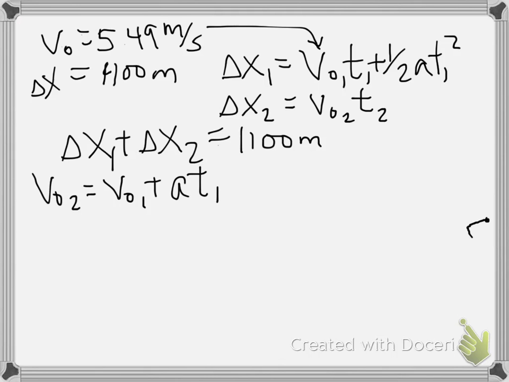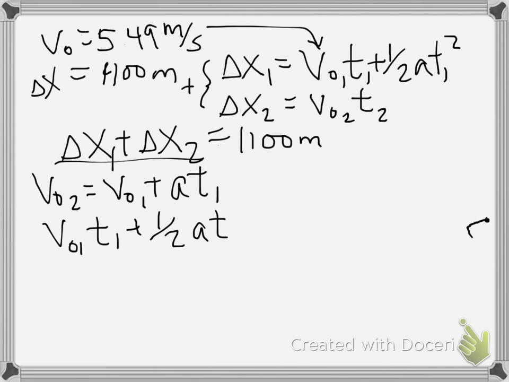Now we've got to put these together. So these two we're going to sum right here. So you get v initial 1 t1 plus 1/2 a t1 squared plus delta x2, which is v initial 2, but I just said it was equal to v initial 1 plus a t1.